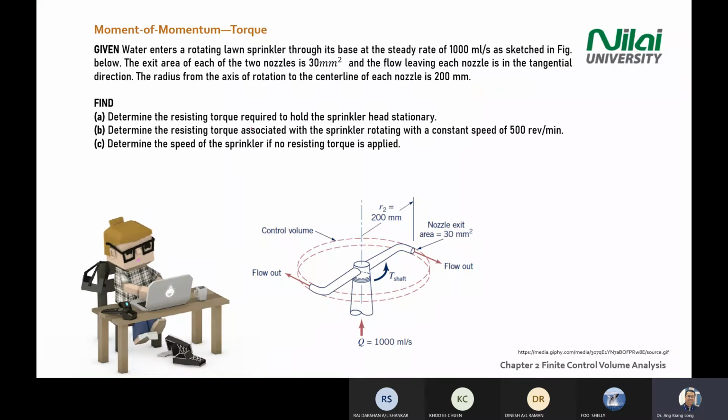First, find the resisting torque required to hold the sprinkler head stationary, meaning you find the torque at your shaft here. The T shaft. Second, find the resisting torque associated with the sprinkler rotating at a constant speed of 500 revolutions per minute. The third one, determine the speed of the sprinkler if no resisting torque is applied. So we are looking at three scenarios here. How would you solve this kind of question?